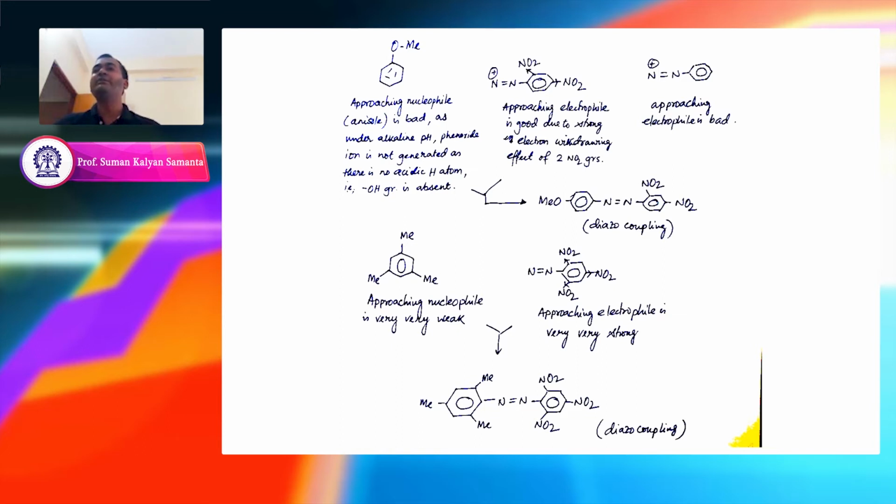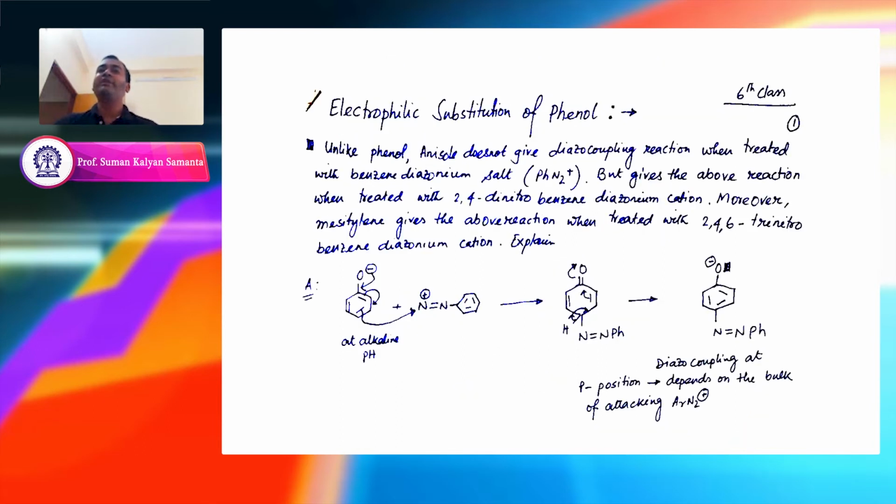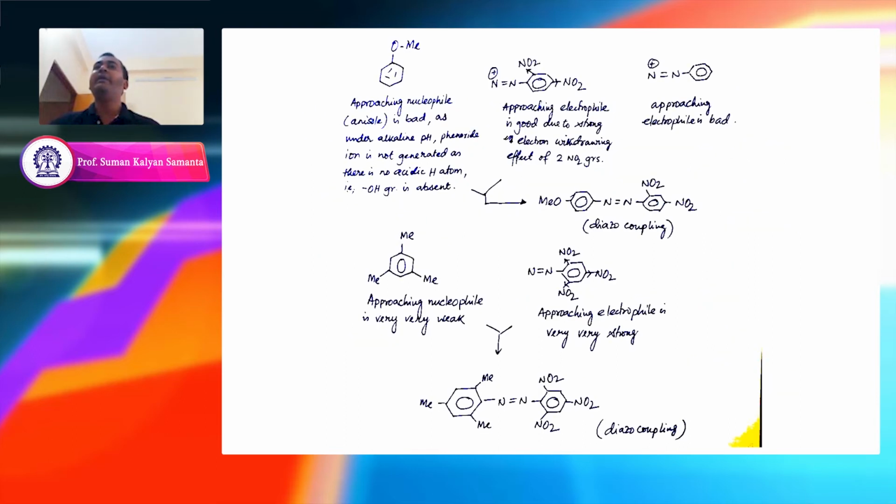So what is the summary? When you have the phenoxide ion in alkaline pH, it can readily react with your benzene diazonium salt to give this product, diazocoupling at the para position. But when you make this an anisole, in the top left structure, because it does not have the phenoxide ion, it becomes very weak, and that is why it cannot react with your approaching electrophile, benzene diazonium salt, which is a bad electrophile.